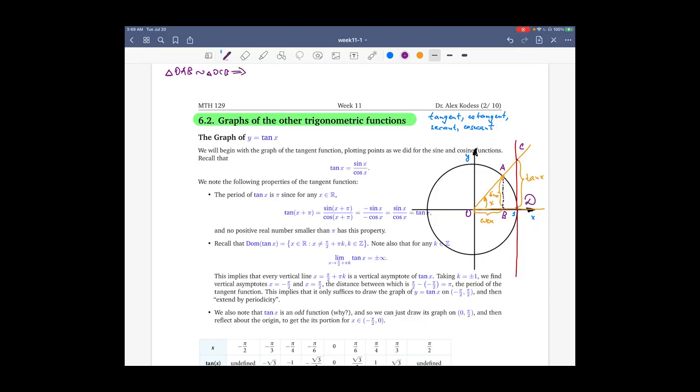And writing the ratio of corresponding sides, we have, for instance, that the length of AB divided by the length of OB equals the length of this side, CD, divided by the length of this side, OD.